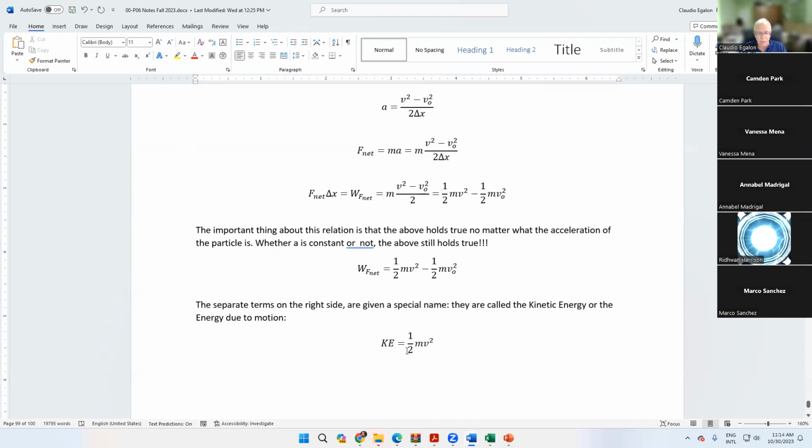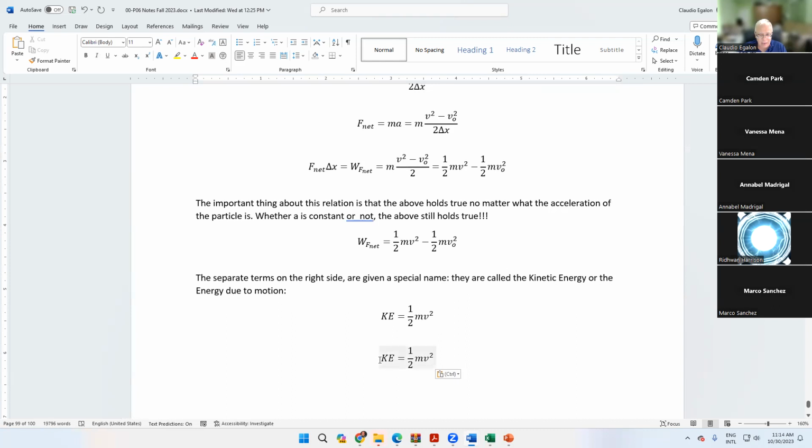If you look at these units, you're going to see that the unit of energy is exactly the same as the unit of work. Unit of mass times unit of velocity squared. The unit of mass is the kilogram.